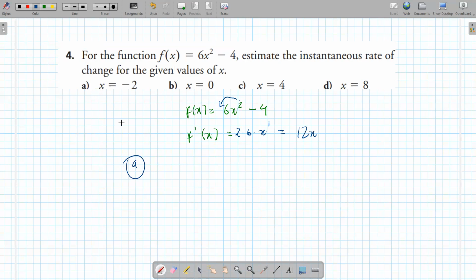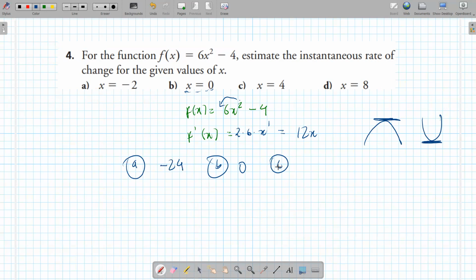So to answer these questions, you just plug that in as your x value. So the first one will be 12 times negative 2, negative 24. For b, it'll be 12 times 0, 0. So that means at 0, there's a turning point, because if the slope is 0, that means it's horizontal. The only way that's possible for a quadratic is if there's a turning point. So at 0, there's a turning point or the vertex. What's the answer to C?